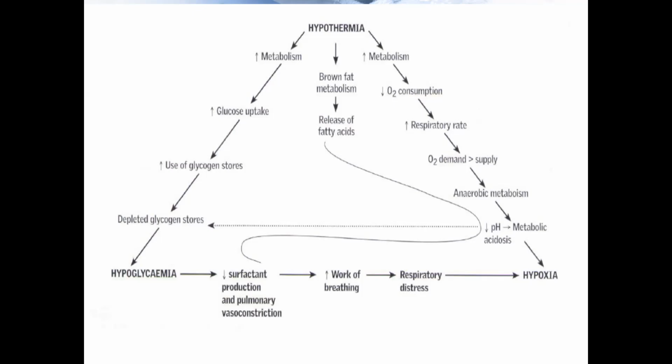Because the body's going to try to do some sort of thing to stop it from being cold, right? So homeostasis here, right? So what happens is the baby's metabolism increases, which is also going to do what as far as the overall body?